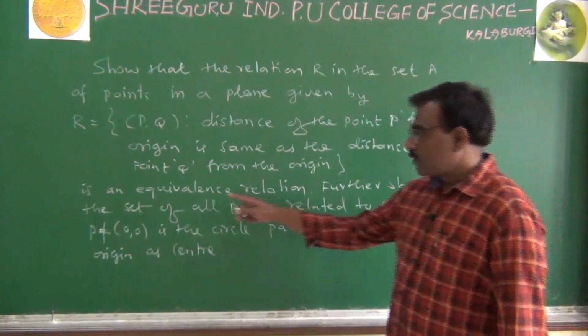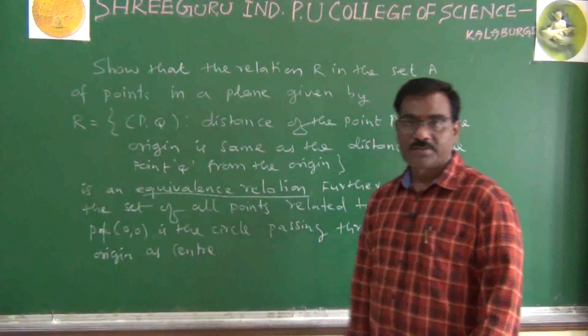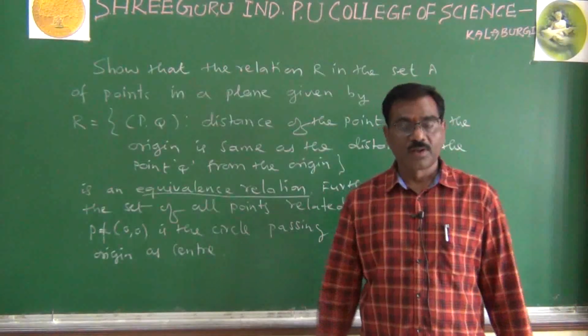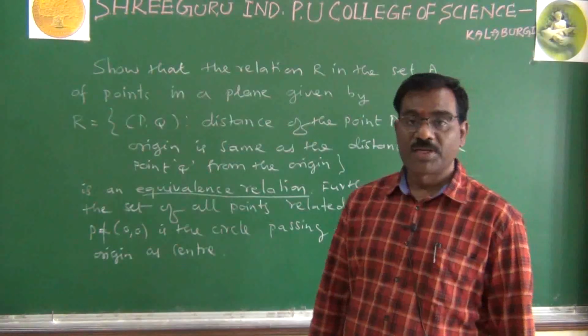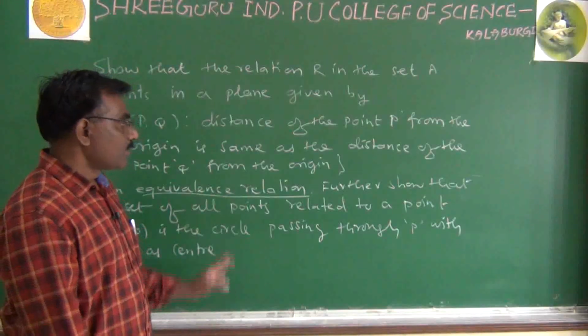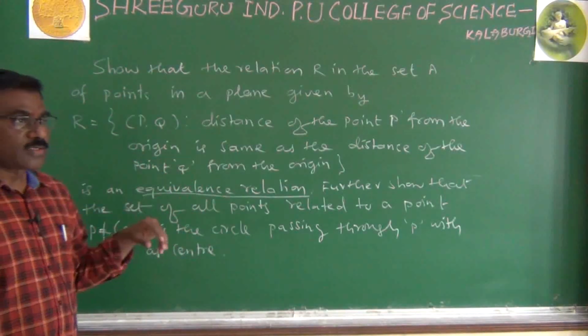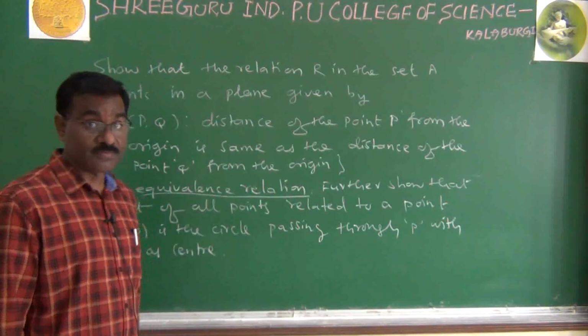First we have to prove equivalence relation. Equivalence relation, you know that already. We have to prove reflexive, symmetric and transitive. And if these three conditions are satisfied, then the relation R is an equivalence relation.